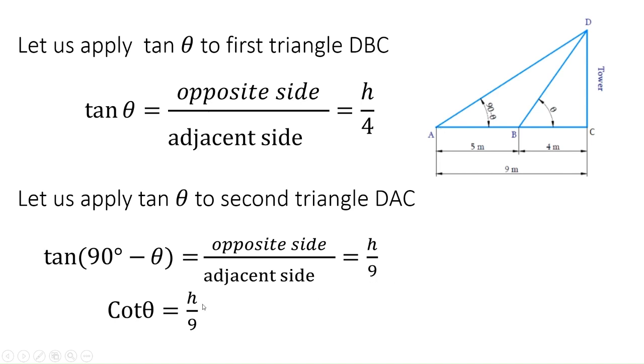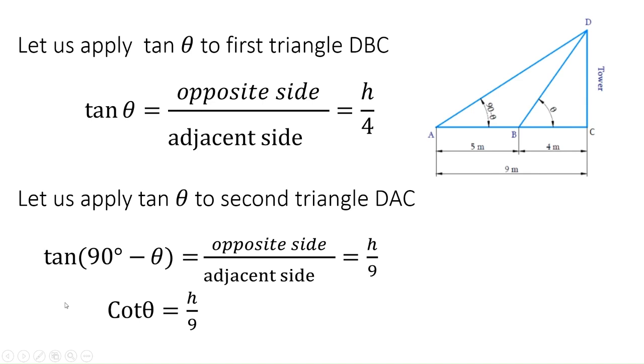But what do we know? Tan 90 minus theta is equal to cot theta. So cot theta is equal to h by 9, where h is the height of the tower.